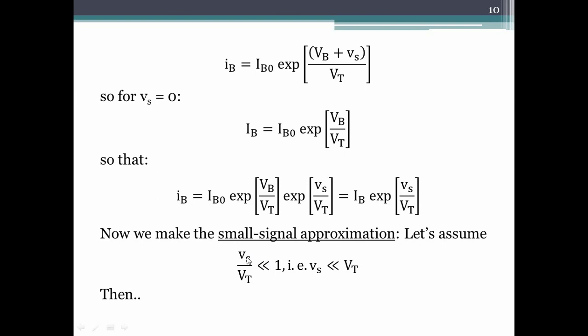So the amplitude of Vs is much less than Vt. Let us make this assumption. Vt is 25 millivolts at room temperature, so let us assume that the amplitude of the input signal is much less than 25 millivolts, and see what approximations we can make.